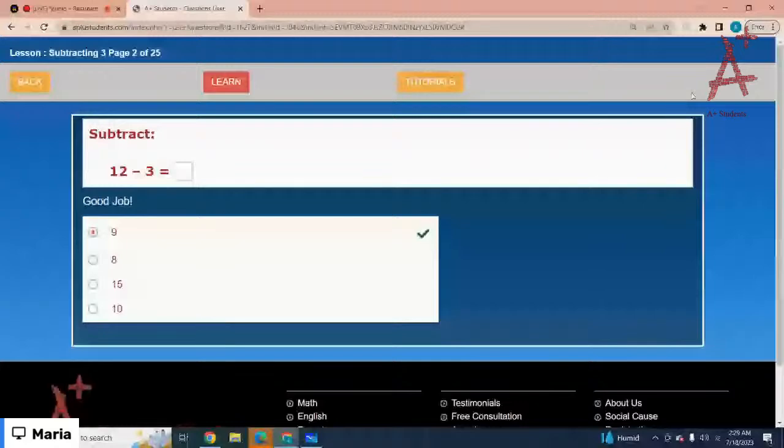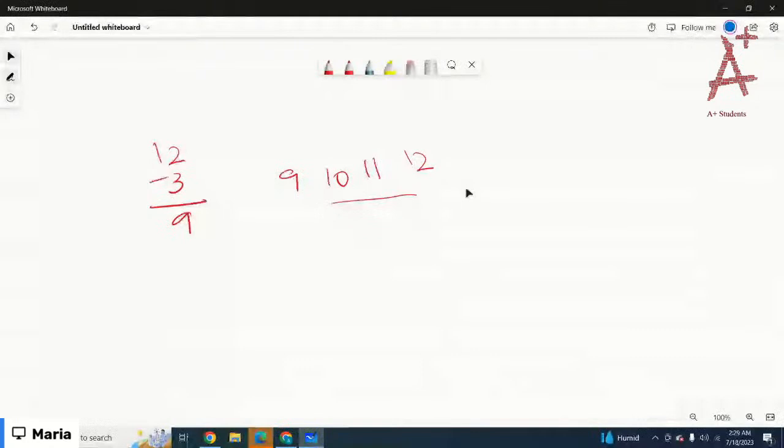Next one is 9 take away 3. So start with 9 and go back 3 numbers. So it would be 1, 2, 3, 4, 5, 6, 7, 8, 9. Just count the lines.